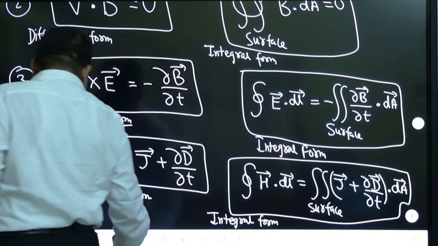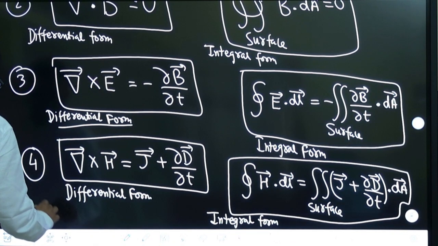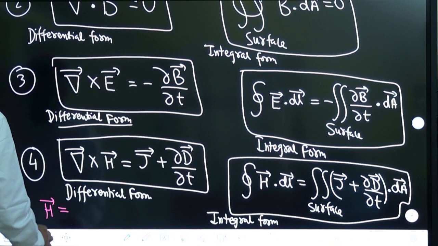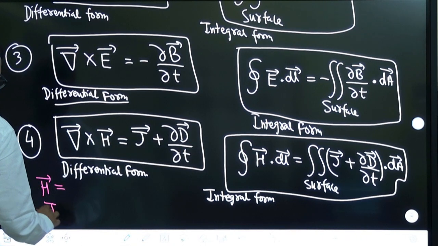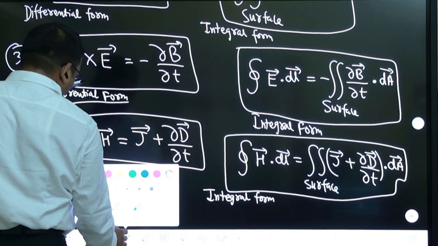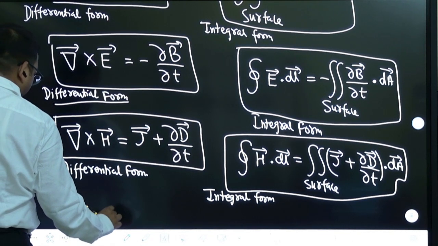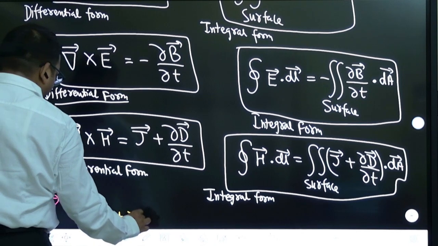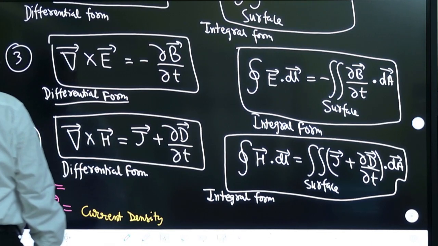Here a new term is coming, which is H vector. H vector you have studied in magnetism. Tell me what is H vector, and J vector you have studied in current electricity. You remember? J vector is current density. Current density is current by area, so a vector quantity.